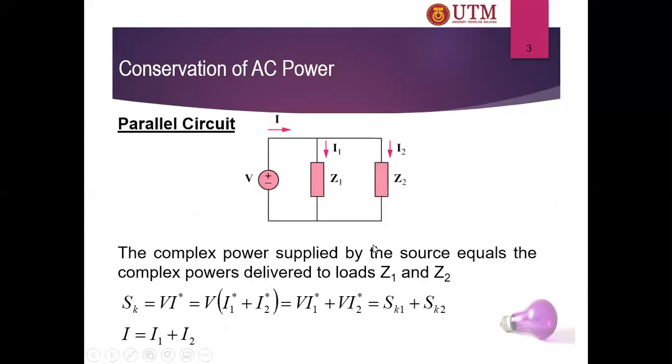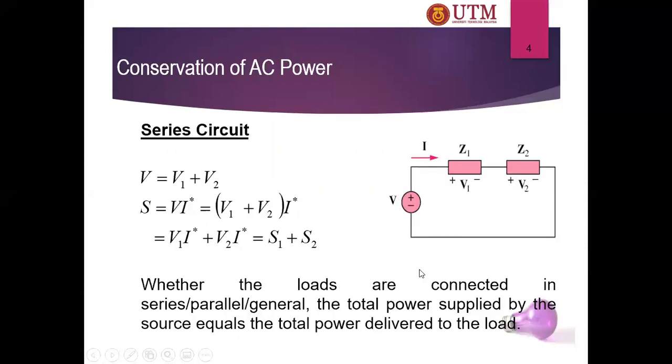In conclusion, whether the loads are connected in series, parallel, or in any series-parallel combination, the total power supplied by the source must equal the power absorbed by the loads.